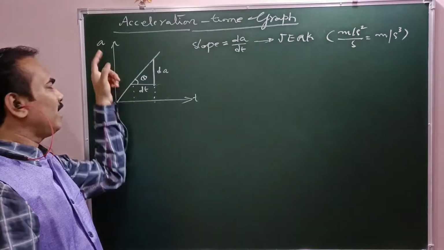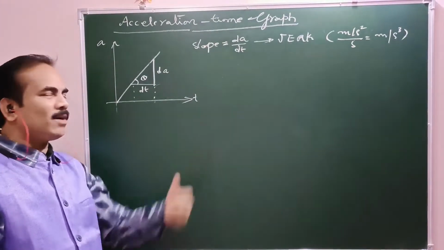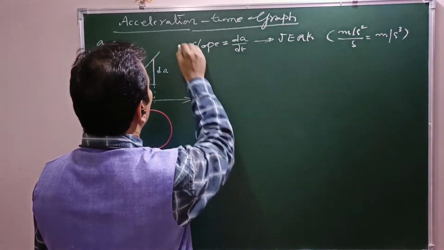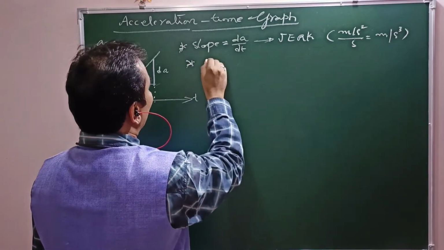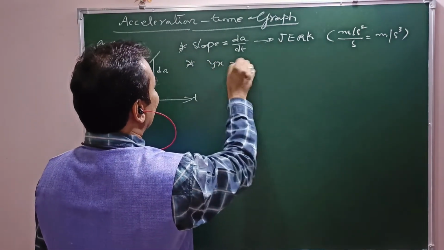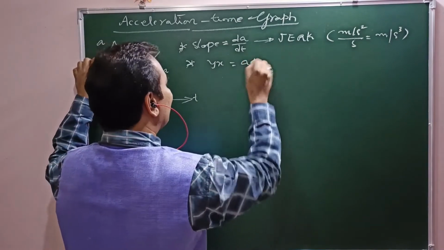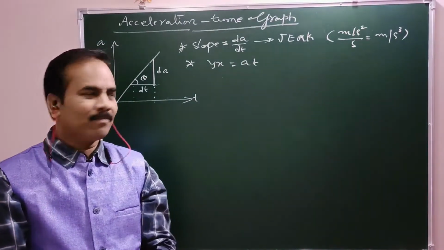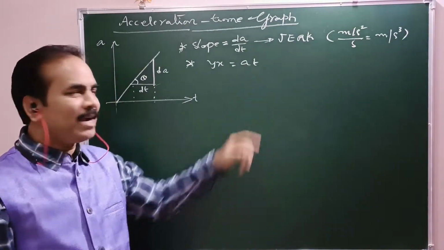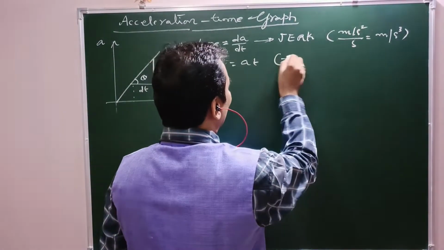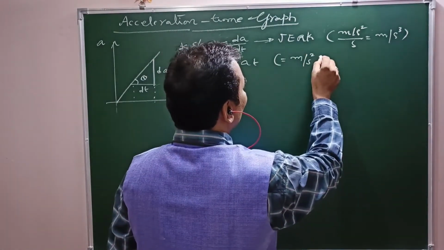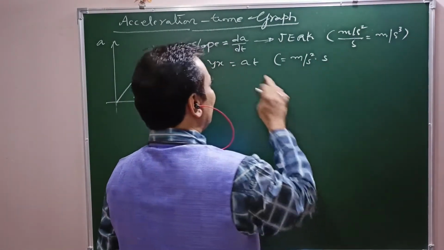Now, let us see the product of the y coordinate and x coordinate. What is the y coordinate? A, acceleration. What is the x coordinate? Time, t. That is y into x, equal to a into t. Let us check whether there is any significance in doing so. What are the units for acceleration? Meter per second square, multiplied by time in second.